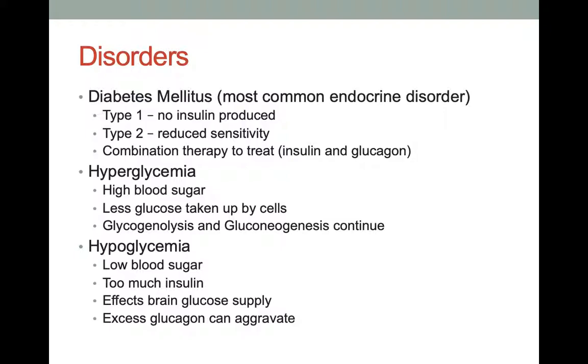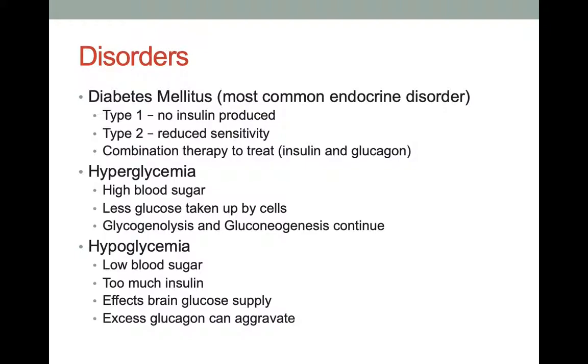Excess glucagon can aggravate this situation as well. Normally, insulin is required for glucose to gain entry into the alpha cells, where it can control the glucagon secretion.